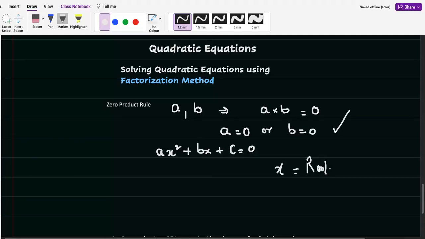What are the roots of the quadratic equations? As I mentioned earlier, for linear equations you get only one root or one solution, whereas for quadratic equations you get two solutions, two roots. So let's find out how to solve it using the factorization method.